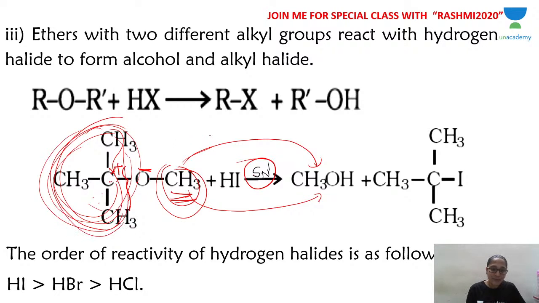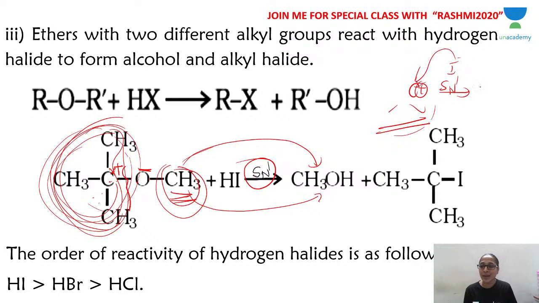And the carbocation formed, what is the importance of tertiary carbocation? It is more stable. Since it is more stable, it will follow the SN1 mechanism. I minus will attack the tertiary carbocation, so you will get tertiary alkyl halide, because it follows the SN1 mechanism.